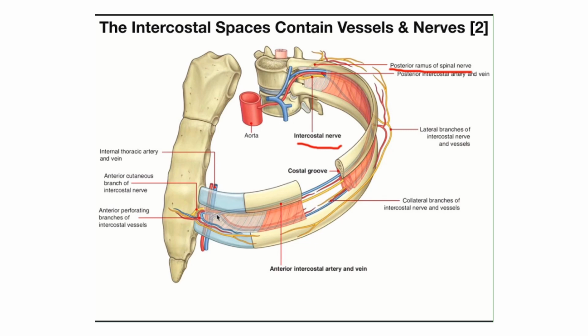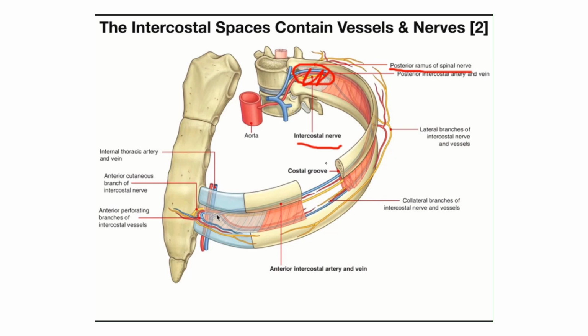As you can see here, this is the posterior intercostal space, and they will enter it and run initially in the endothoracic fascia between the parietal pleura and the internal intercostal membrane. The internal intercostal membrane is present in this area, whereas the parietal pleura, which is a part of the lungs, is a covering of the lungs.